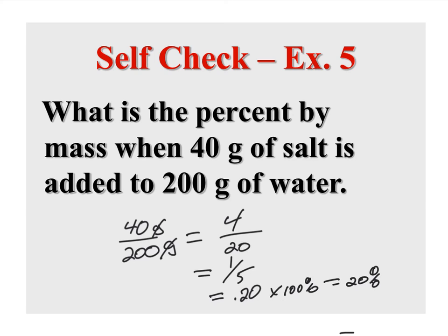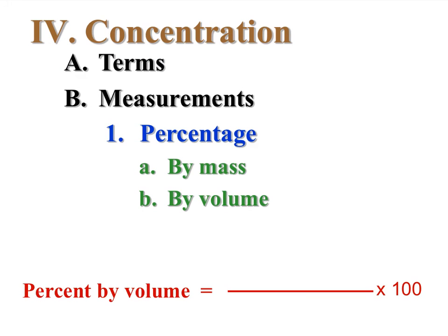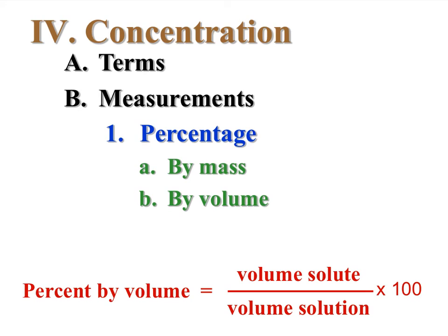All right. Let's move on to the next one. So percentage by mass, and now by volume. We can do a percentage by volume as well. They take volume of solute, volume of solution. When we measured mass, we used a scale, or balance rather. If you're going to use volume, you just use a graduated cylinder. You say, okay, I got 4 milliliters instead of grams, right? 4 milliliters of solute. This really helps when you're dealing with liquids, right?